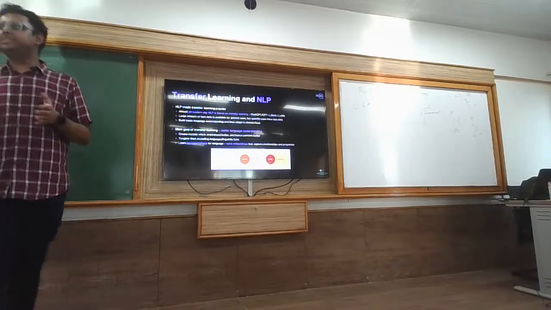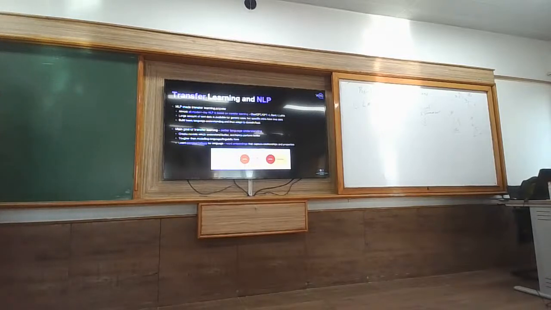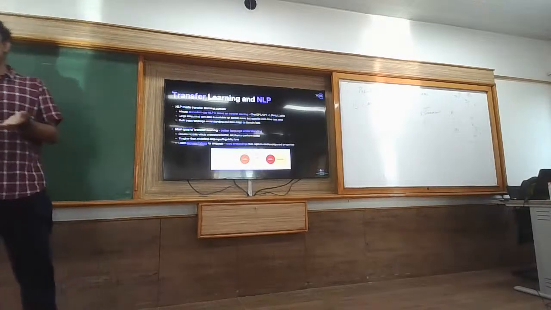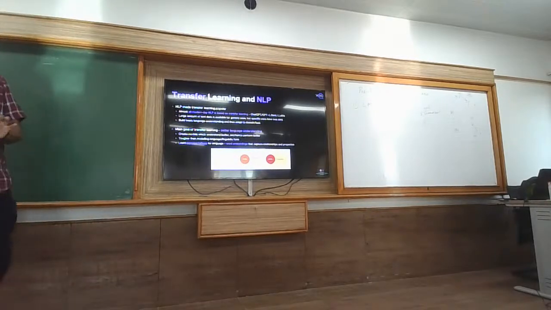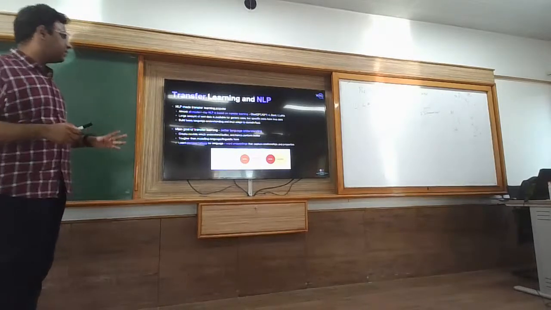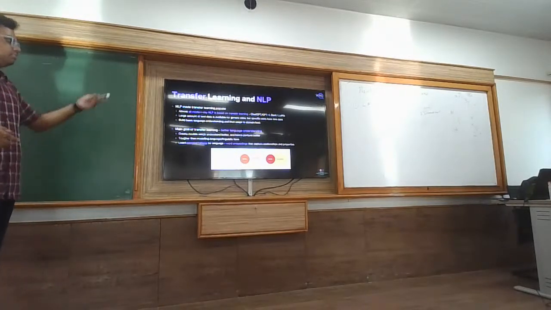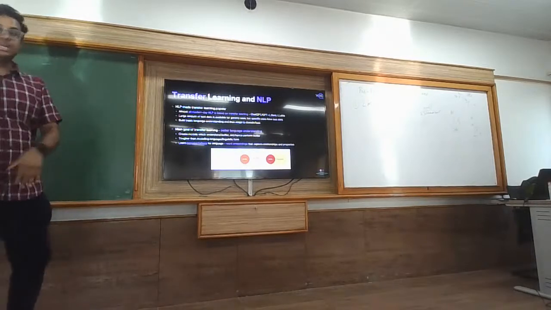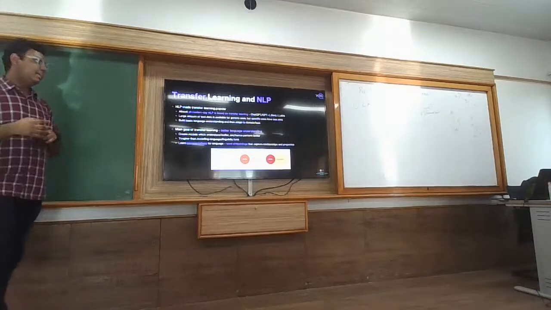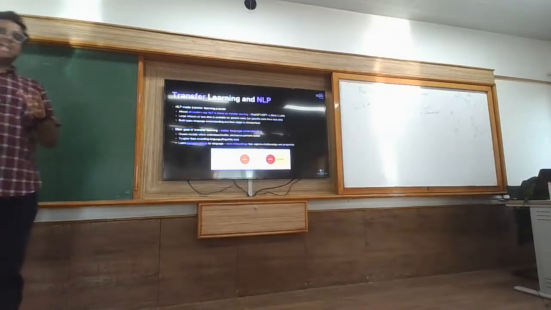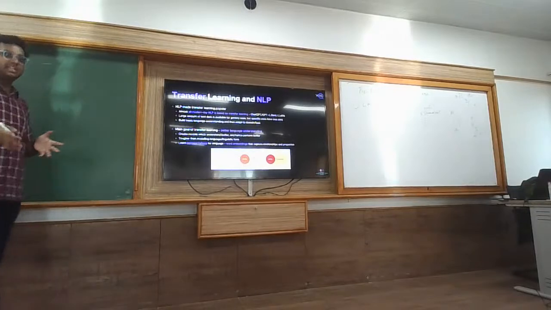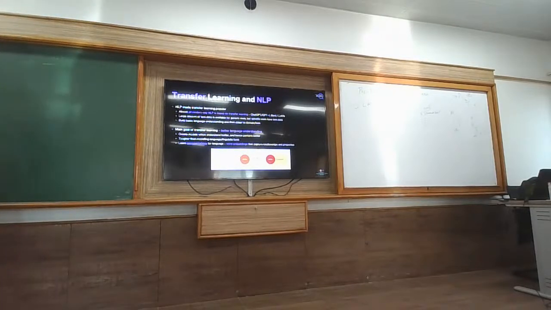If you're working with images, you'd probably use something called a CNN, a convolutional neural network. If you're working with text, there are multiple ways to learn these representations. I will be covering some very basic representation methods. Representation learning in NLP is done via transfer learning, where NLP is one of the driving forces today behind transfer learning, and it has made transfer learning popular in other fields as well.